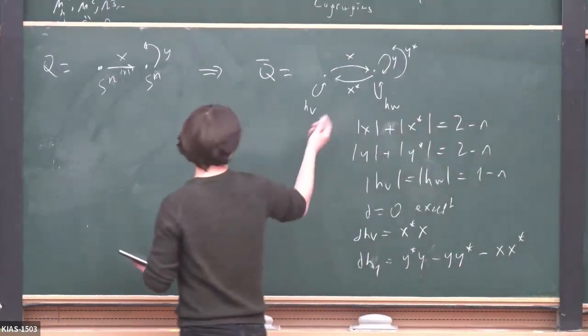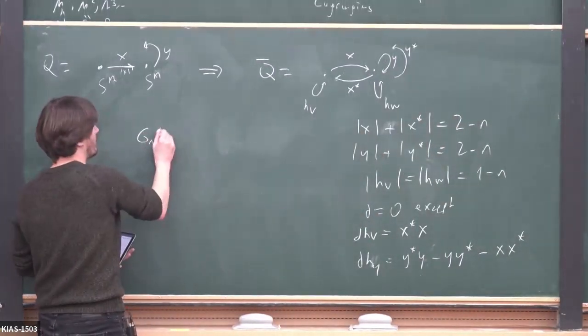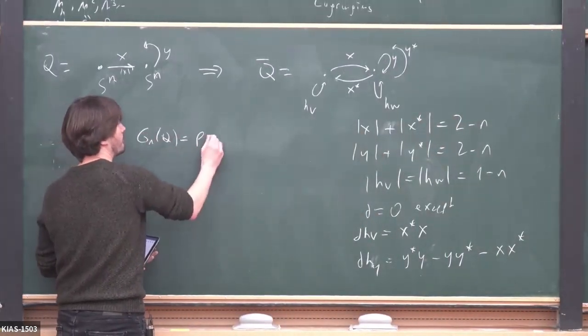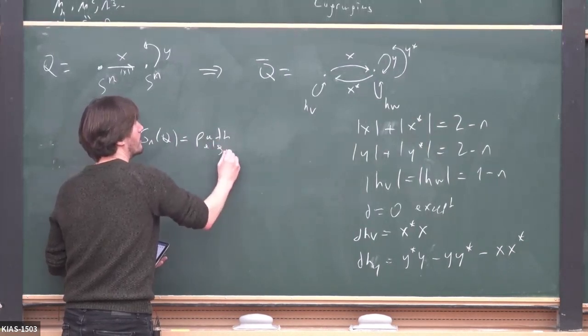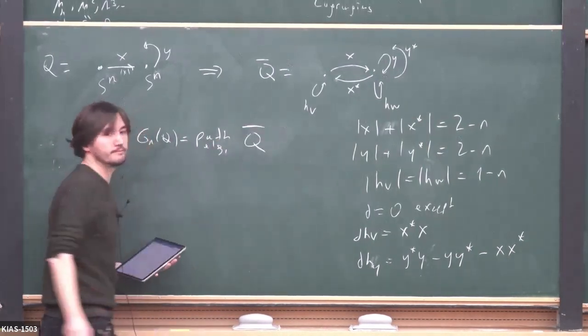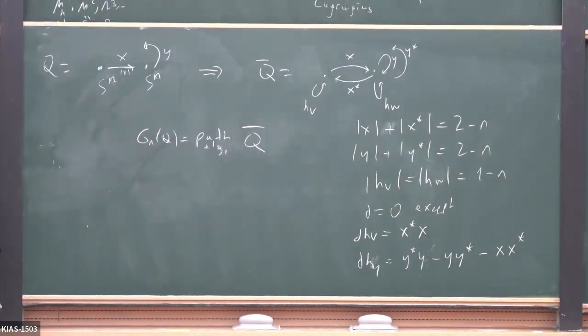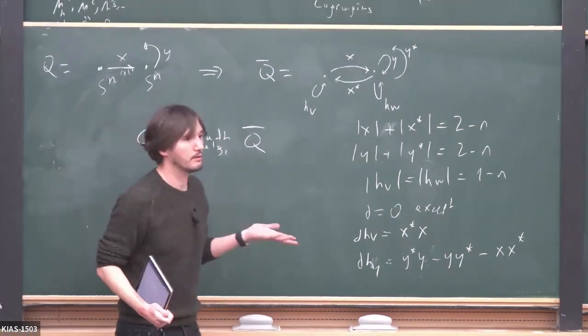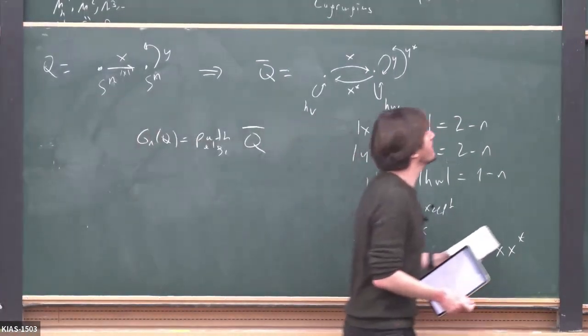It's not an algebra yet, it's just a quiver, but then you take the path algebra of that, and you get a DG algebra.